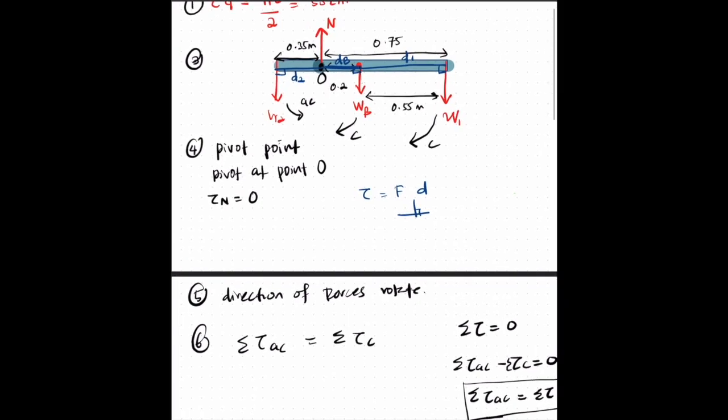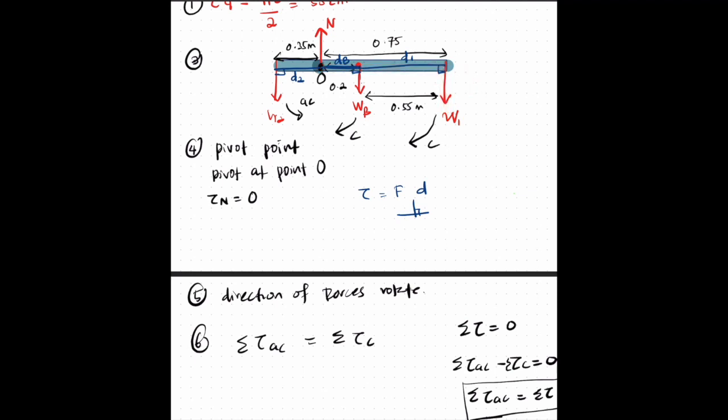Here we have torque 2, W2 D2, and then dB WB, we have torque B. Torque N is equal to 0 because at the axis of rotation, the force is at the axis of rotation. And then from the axis of rotation to this point, we have another torque, which is torque 1.